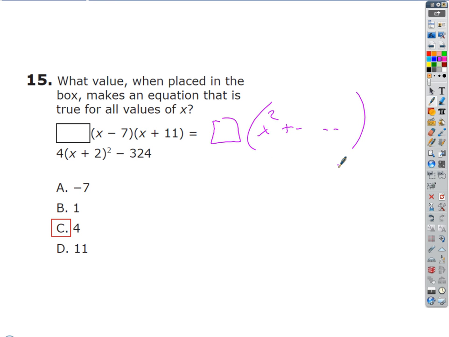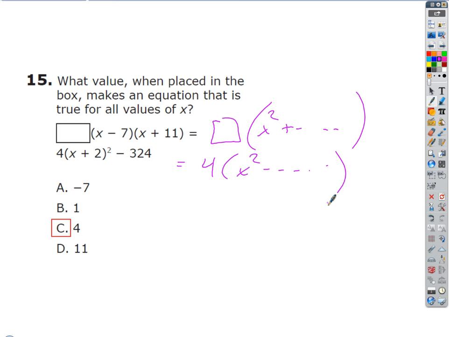What about down here? If I multiply this one out, x plus 2 squared, isn't that going to give me x squared plus a bunch of other stuff? Everybody agree? So down here this is going to give me 4 times x squared plus a bunch of other stuff. So what goes in the box? 4 has to, right?